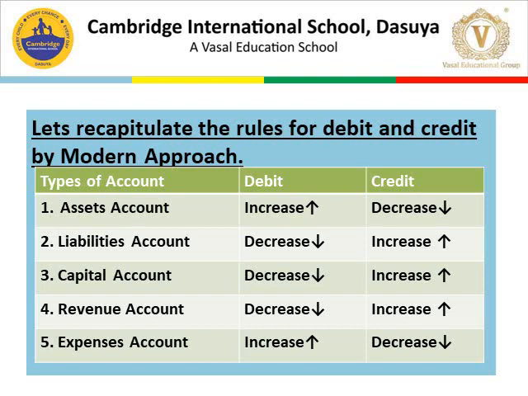When it decreases, it will be credited. Second, liabilities account. When liabilities decrease, it will be debited. When it increases, it will be credited. Capital account. When capital decreases, it will be debited. When it increases, it will be credited.